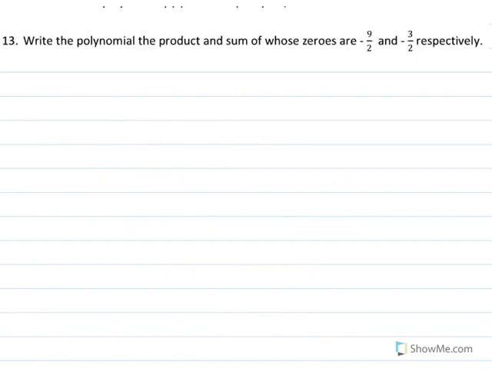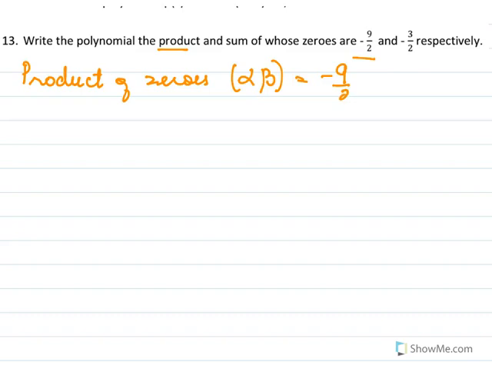Write a polynomial. The product and the sum of whose zeros are minus 9 by 2, minus 3 by 2. So first we will see that the product is minus 9 by 2. So product of zeros, which is alpha into beta, is minus 9 by 2.